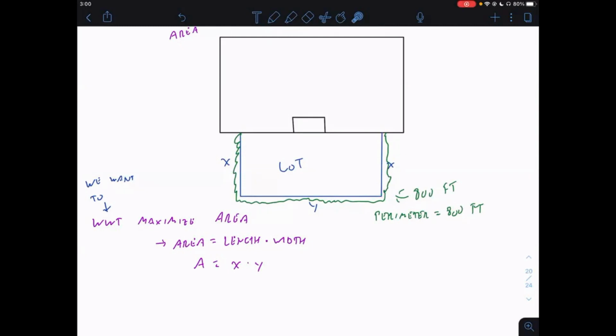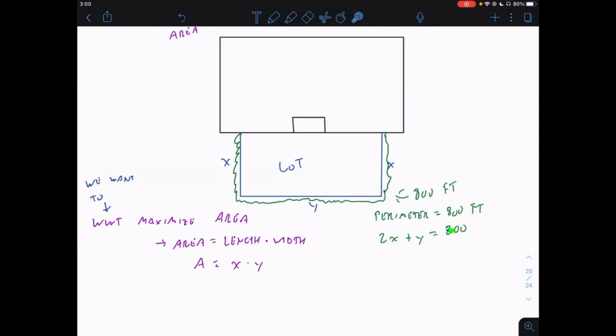Or in our case, our perimeter is going to be twice x plus y, because these two sides on the left and the right are the same length, but the bottom will not be. Or it could be, we don't know yet. So our perimeter is going to be 2 times x plus y. So these three sides should equal 800 feet in total distance. Okay. Let me delete that feet. I don't need that feet right now.